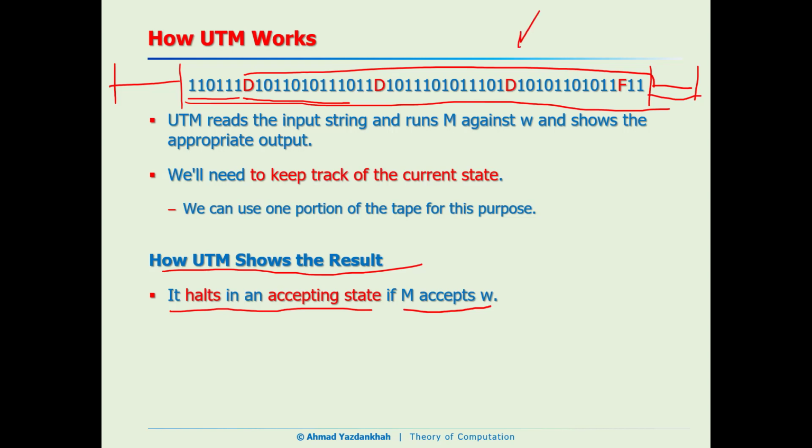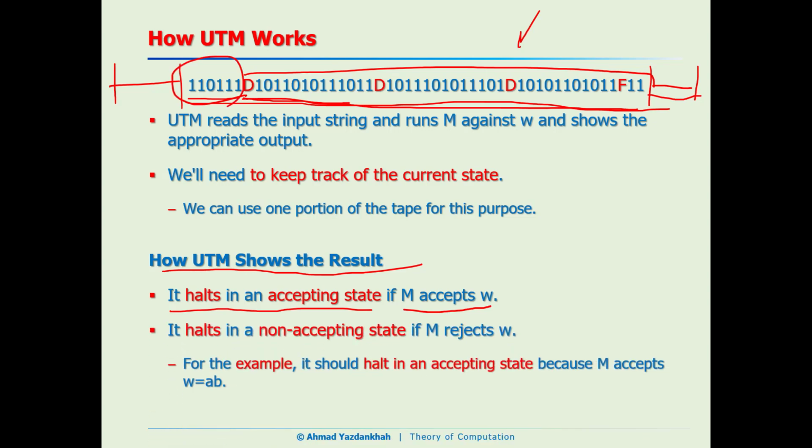So this UTM finishes its job in an accepting state if this Turing machine accepts this string, and it needs to halt in a non-accepting state if M rejects W. And for this example, actually, it should halt in an accepting state because this AB will be accepted by our example Turing machine. Okay, so let me give you some notation here.